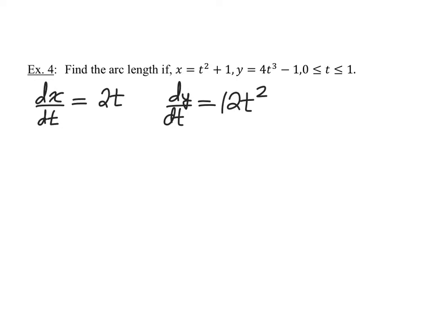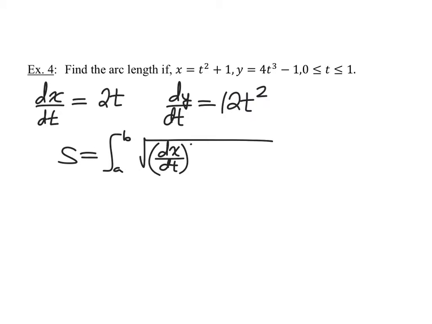Now our rule is that the arc length is, over the interval of a to b, the integral of the square root of (dx/dt) squared plus (dy/dt) squared, dt.